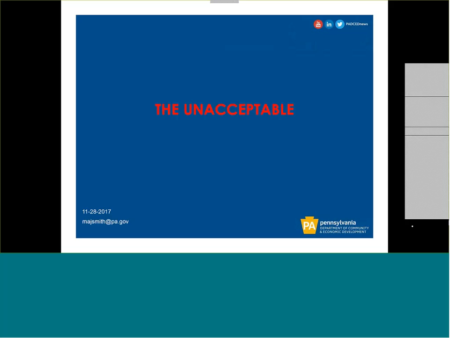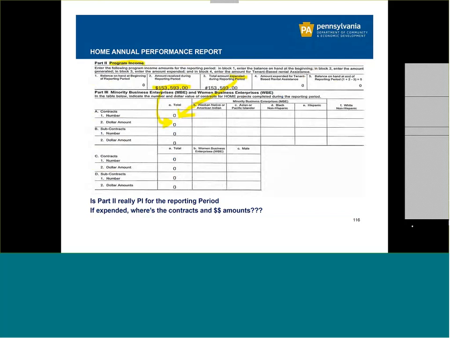And then the unacceptable. Again, I want to point out Part 2 is program income only. If this grantee made $153,000 in program income and used it, it may have been a sale of one house or one building or something, but that seems awfully high, especially when they don't show any contracts.